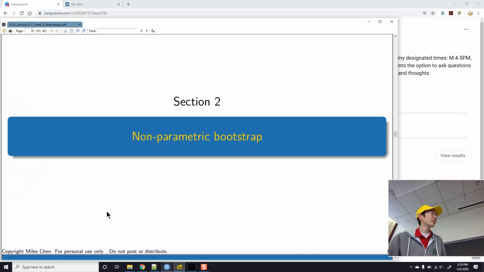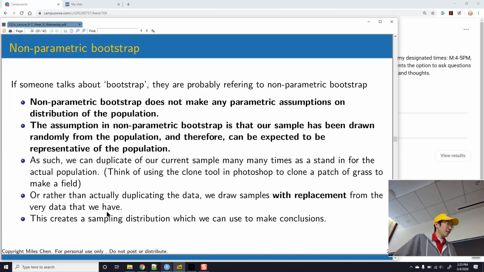All right, so let's talk about the non-parametric bootstrap, okay? If you just hear bootstrap and people didn't say parametric or non-parametric, they're most likely referring to non-parametric bootstrap, okay? So if they just say, let's just use bootstrap, they're in general referring to non-parametric bootstrap.